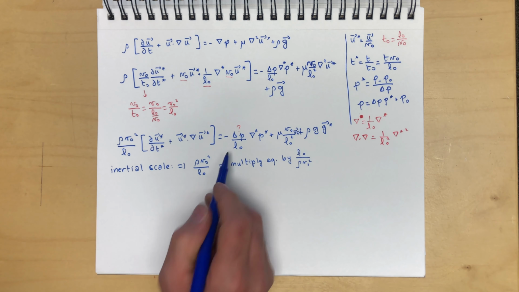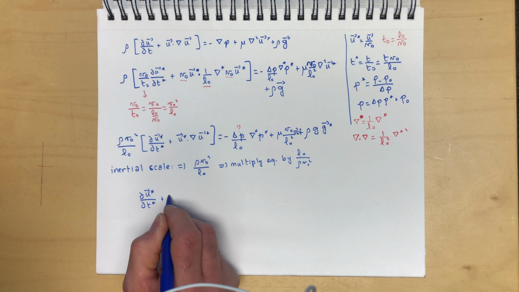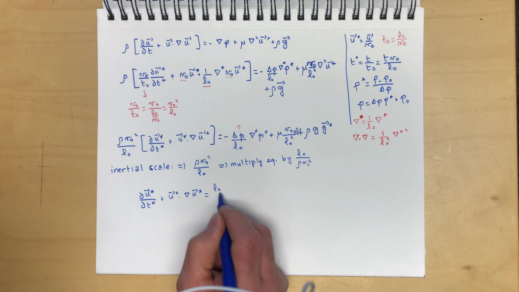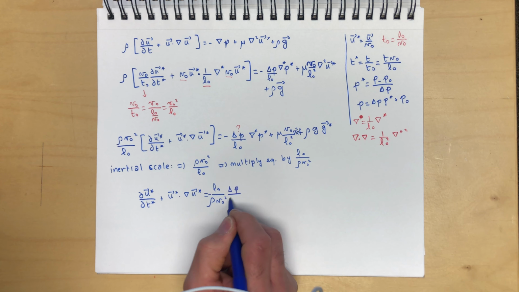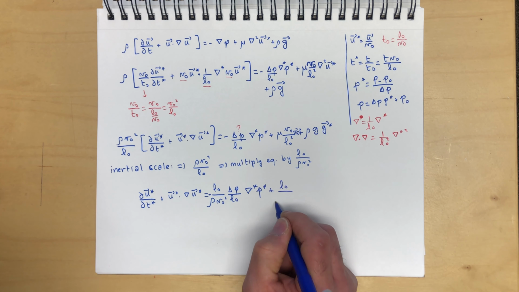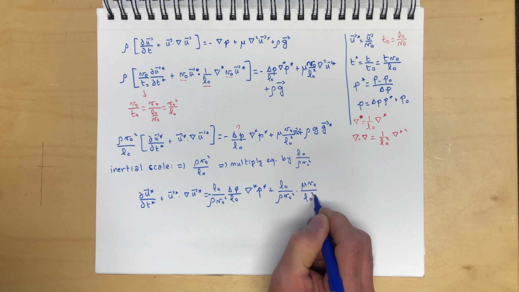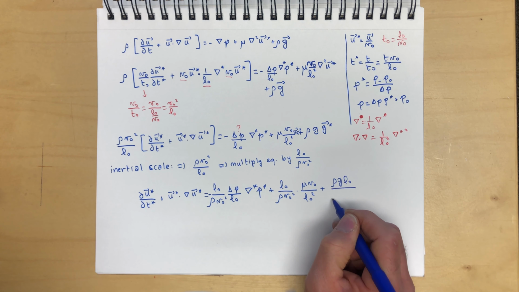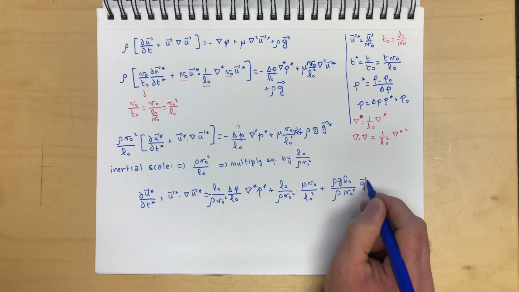So when we do this, this first term becomes du star by dt star plus u star dot grad u star is equal to L0 over rho V0 squared times minus delta p over L0 grad star p star, plus L0 over rho V0 squared times mu V0 over L0 squared, plus rho g L0 over rho V0 squared g star.